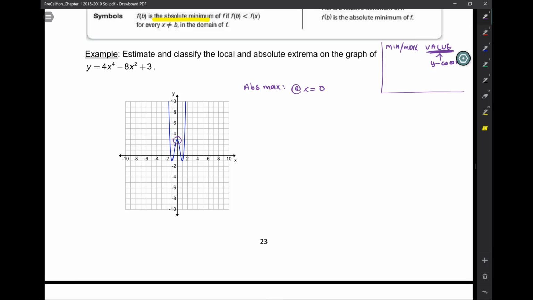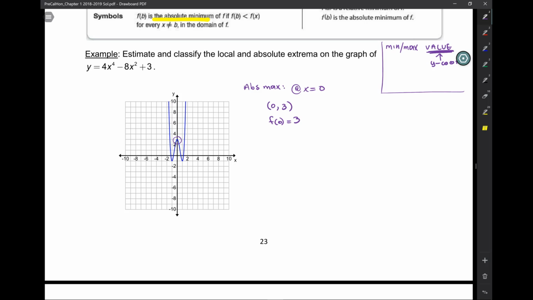This provides the least amount of information. A better way of saying it is absolute maximum at (0, 3). The best way to say it is absolute maximum at f of 0 equals 3. So it's like good, better, best.